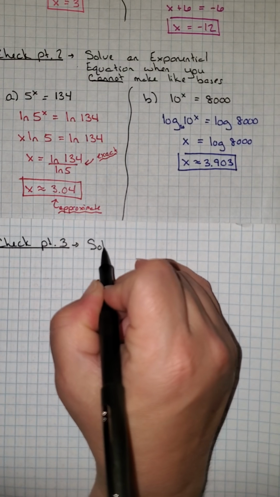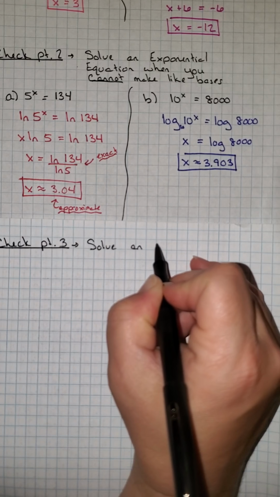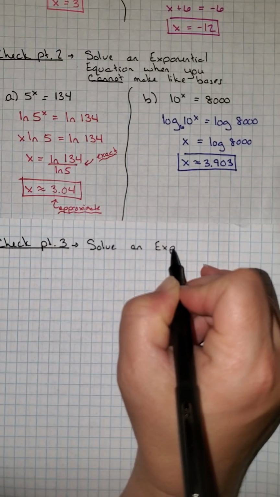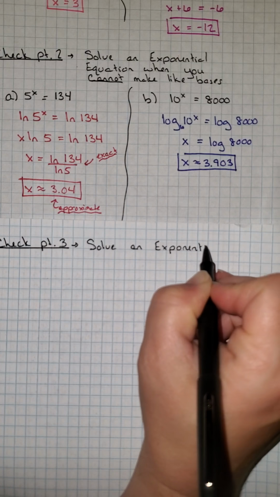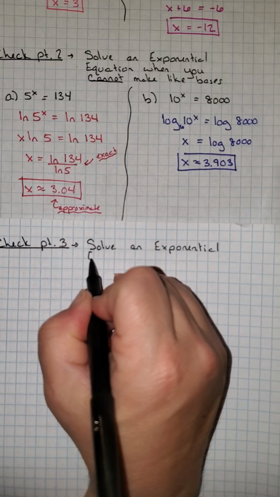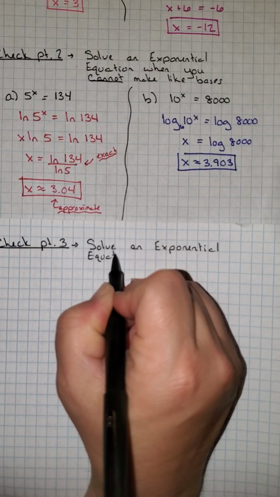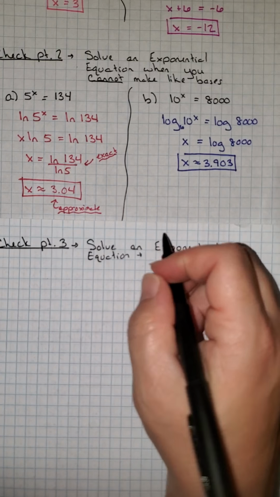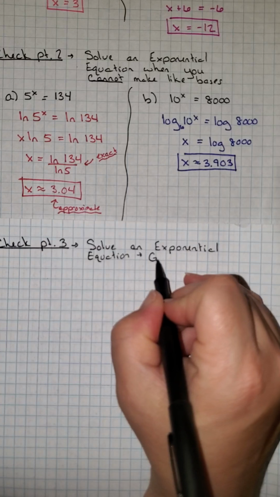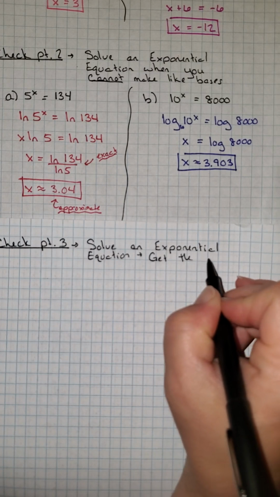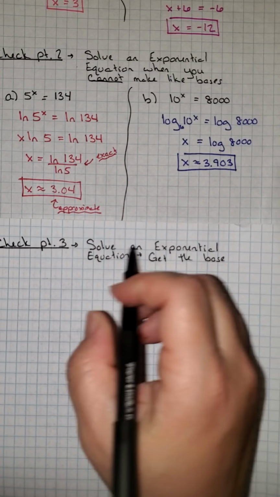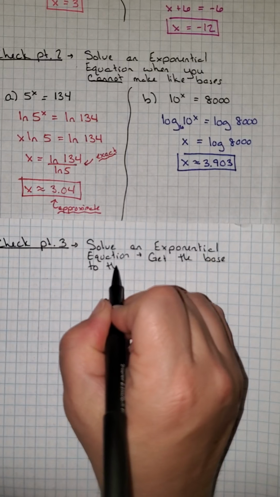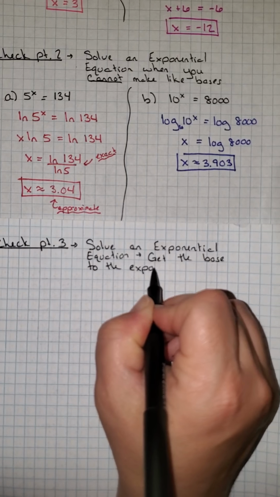So checkpoint 3 is solve an exponential equation. Get the base to the exponent by itself first.